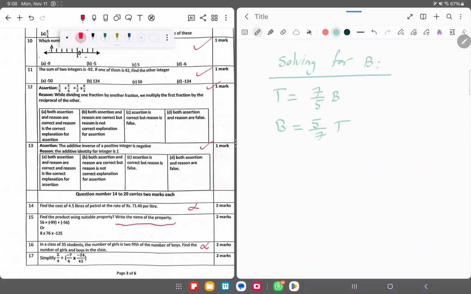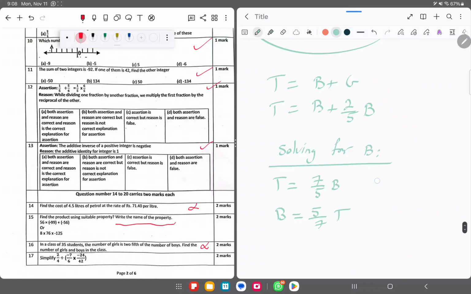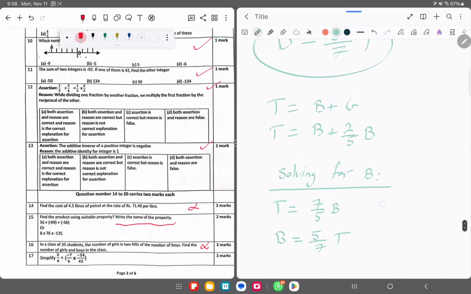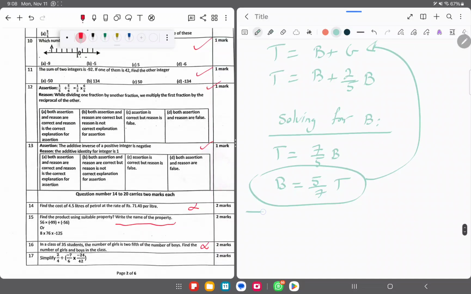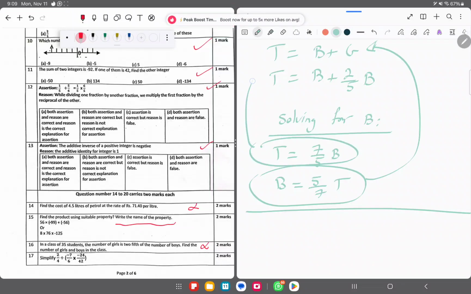Now we need to substitute B back into the equation. Let's give it a try. T is equal to 7/5B, right? So what will I benefit out of this?